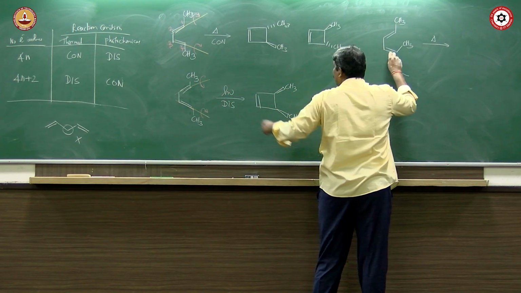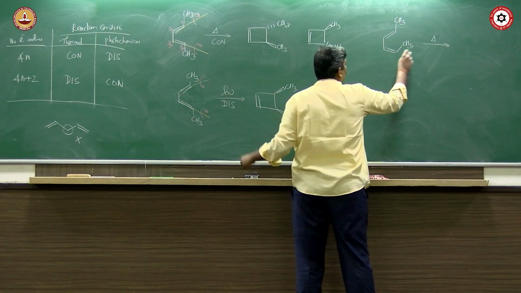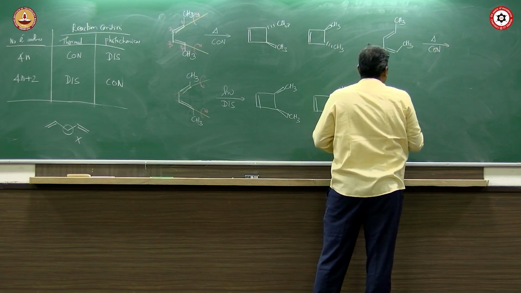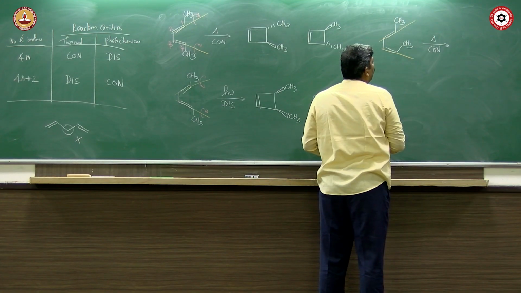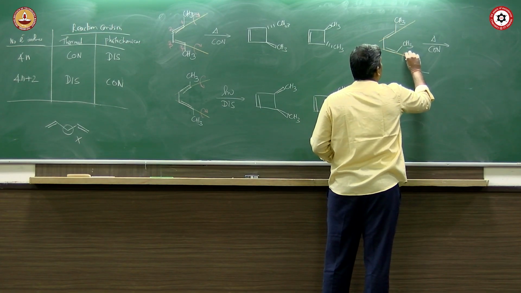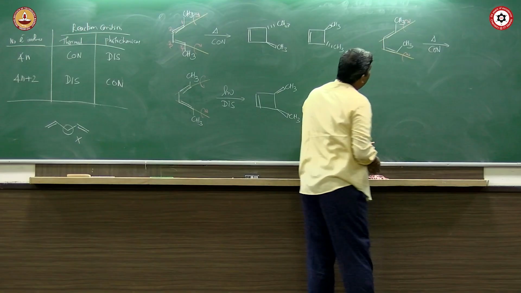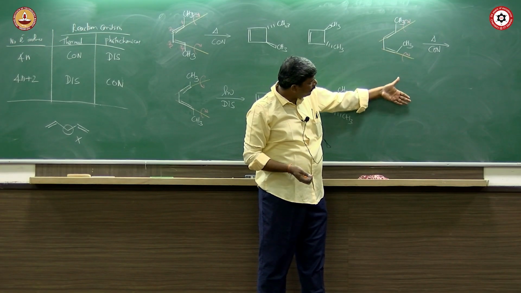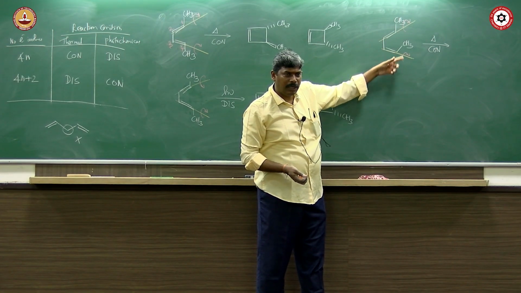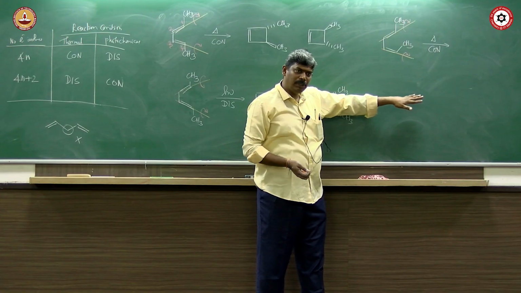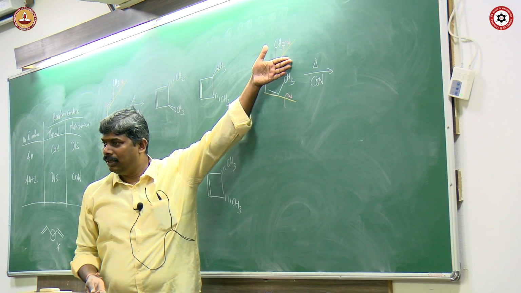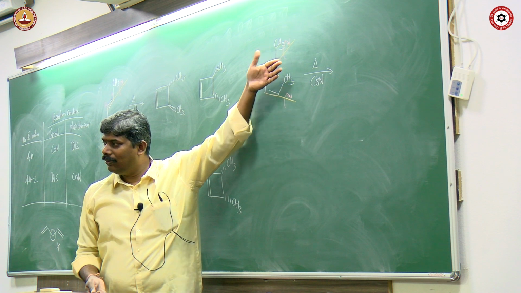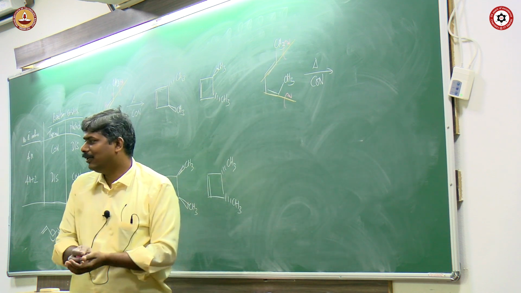Because 4n thermal is conrotation, and this is an axis if you look at it, both clockwise. Once again, this is inside for the atom here, the bottom one. So when I rotate this way, the methyl will go down. The one which is there will also go down.